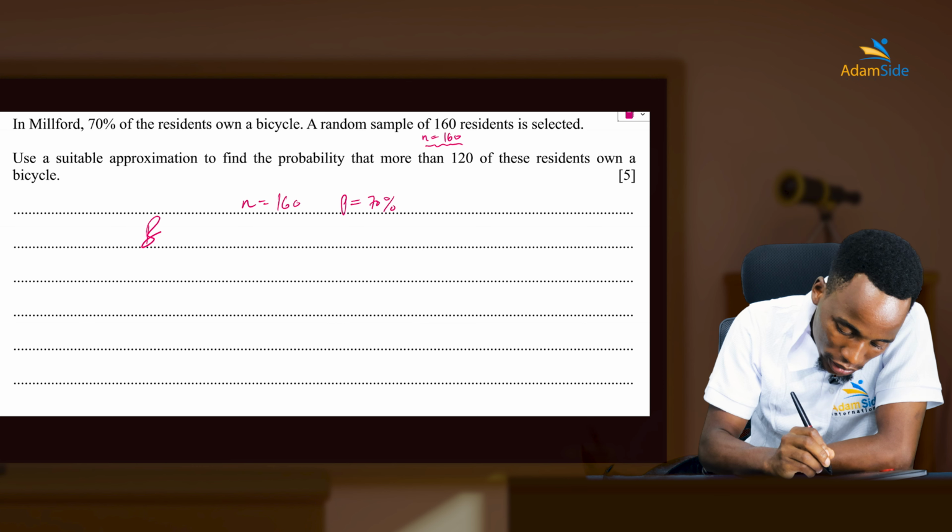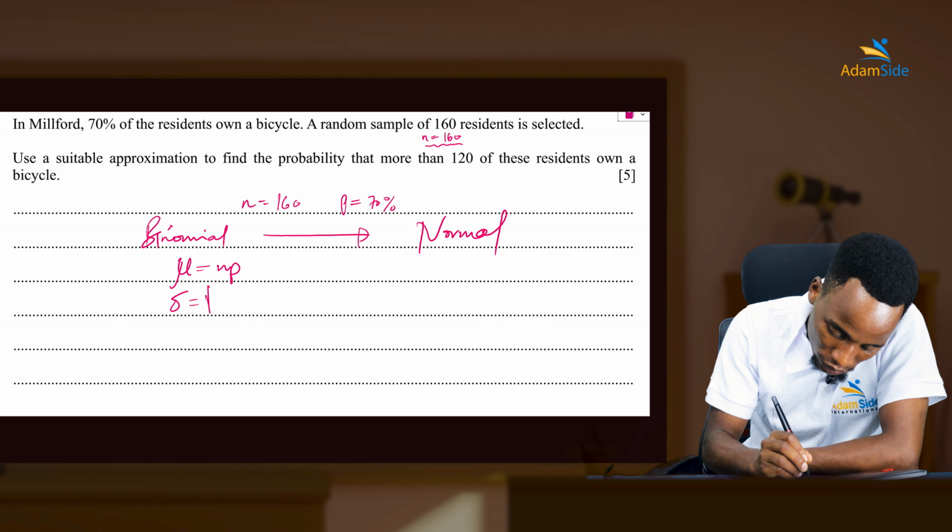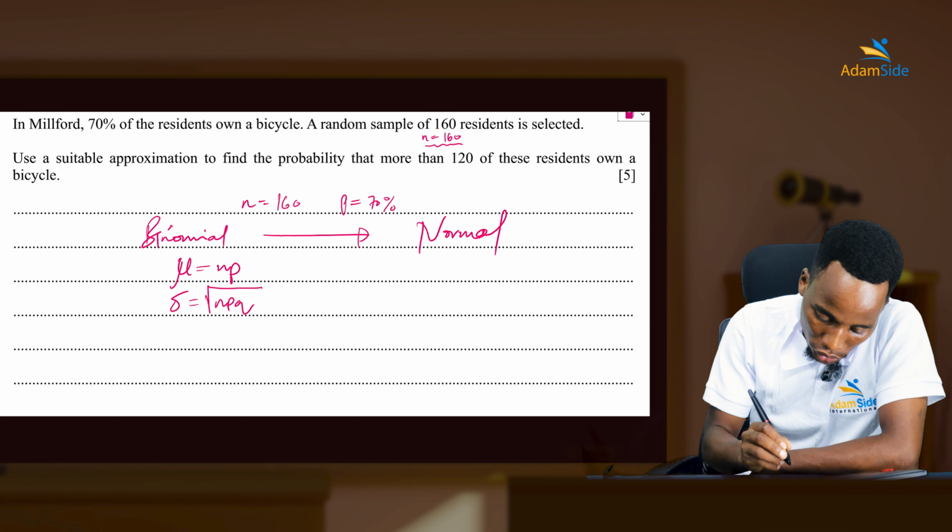Remember, a normal is always distributed with a mean and a variance. So we need to find the mean and the variance from the binomial. From the binomial, the mean, which is mu, is given by np, and the standard deviation is given by the square root of npq.